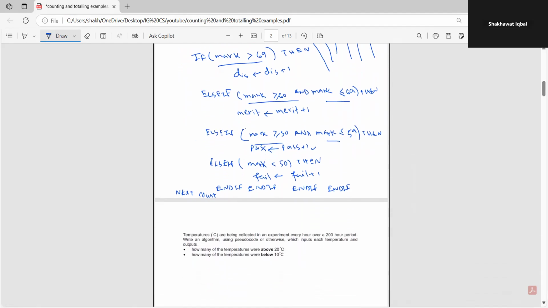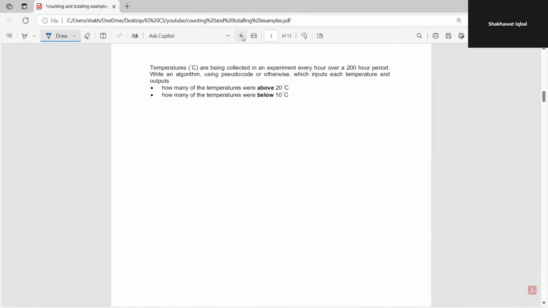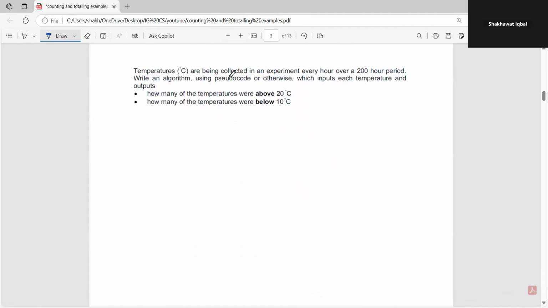Let's do the next one. Maximize a bit. Temperatures are being collected in an experiment every hour over a 200 hour period. So every hour you take the temperature once, for 200 hours, in a science experiment.